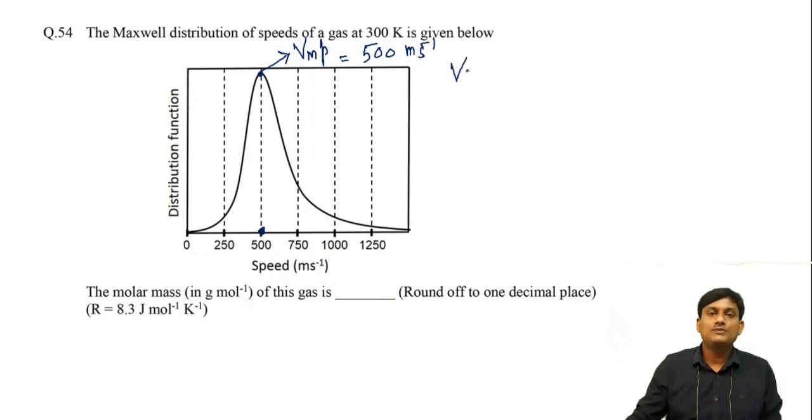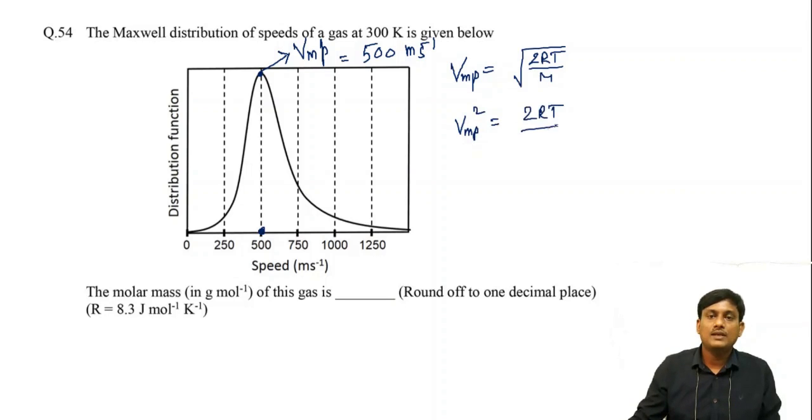We know that VMP, most probable velocity, is equal to root of 2RT by M. You have to find out M. So, VMP square is equal to 2RT by M. M is equal to 2RT by VMP square.